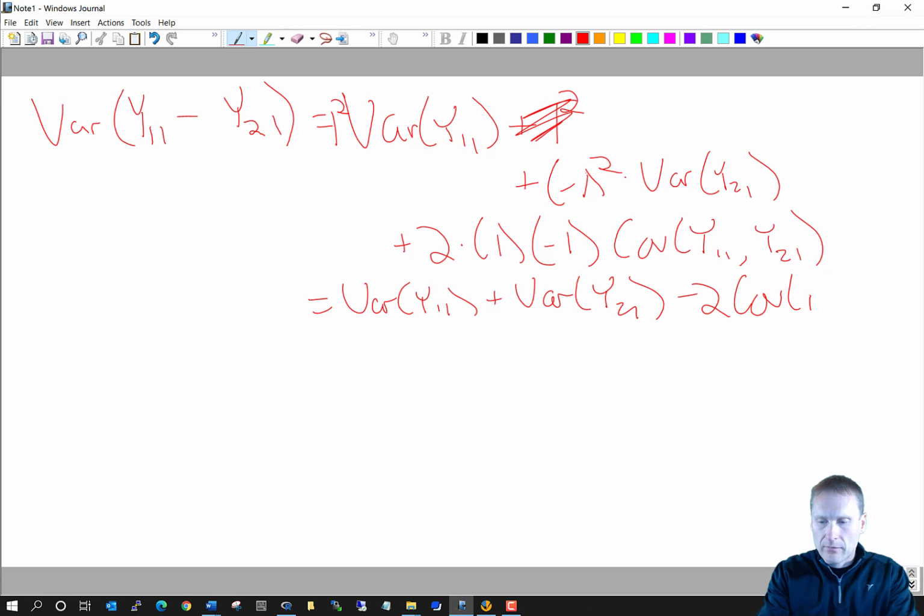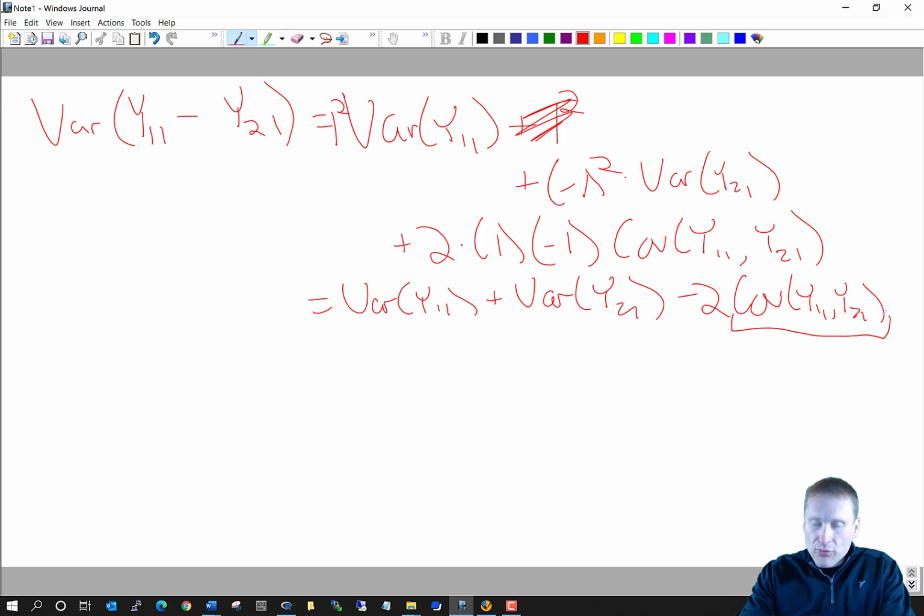Okay. Now again, think of these Y's as being prices for the same product at the two different stores. Because these are the same product, we would expect a positive correlation or positive covariance between prices at one store versus another.